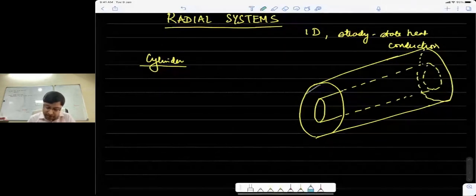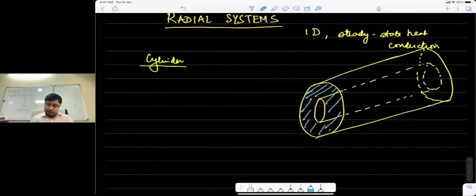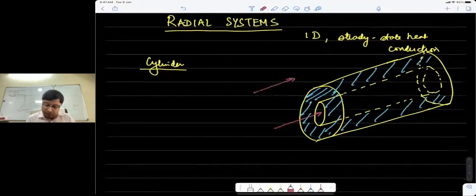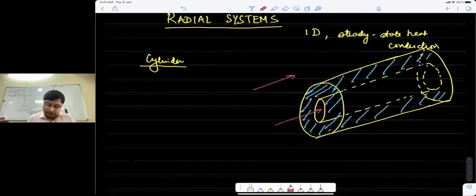So this is the solid section part, between which is the annular region. Okay, so this is all solid. I should say hollow cylinder, right? Hollow with a certain shell. Say we have some fluid going through the inner tube, and some fluid may be flowing on the outer surface.